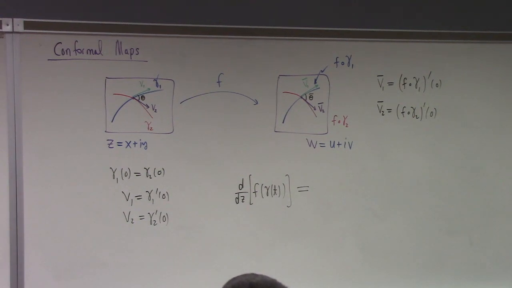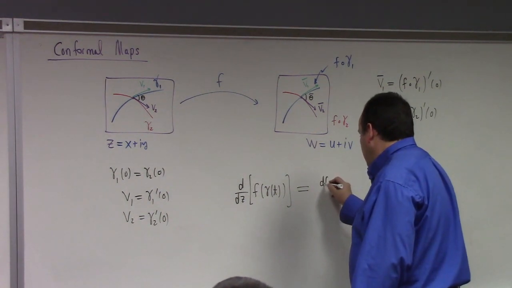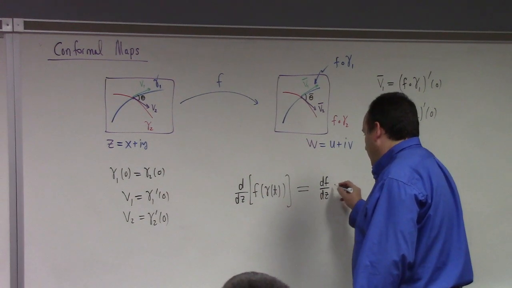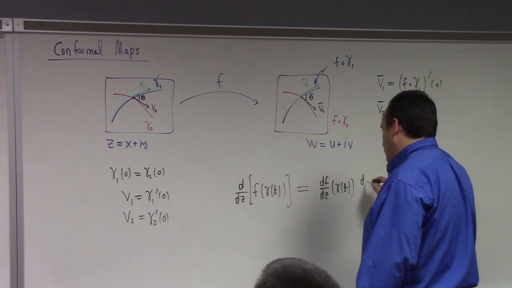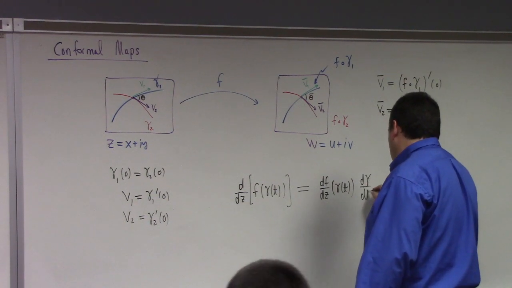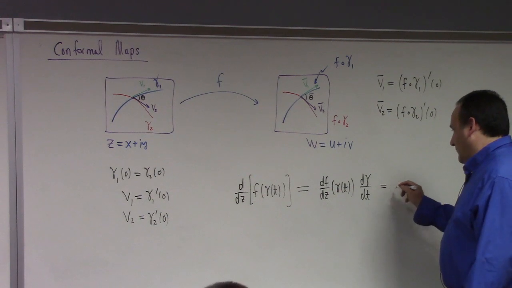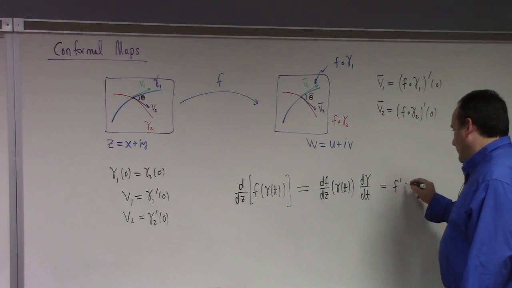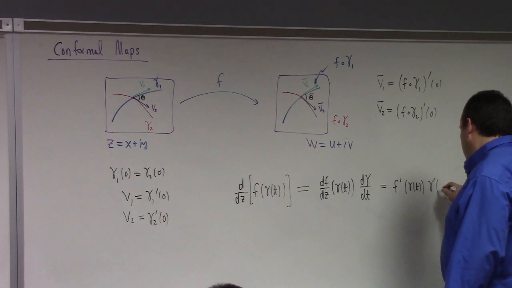It's a parameterization of a path on the complex plane. So the chain rule I worked out there is just this. It's df dz evaluated at the path times d gamma dt. Or in the prime notation, this is f prime of gamma of t times gamma prime of t.